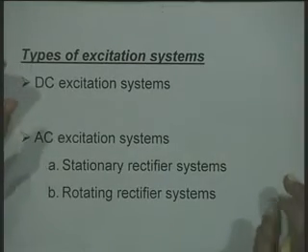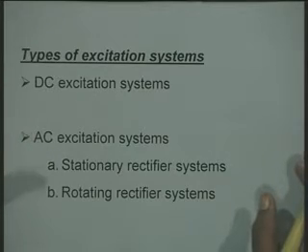The excitation power required for a synchronous generator is of the order of 2 to 3.5 kilowatt per megawatt rating of the machine, or per MVA rating of the machine. The DC excitation systems were the oldest of all the excitation systems, and the main limitation of the DC excitation system is the amount of power which can be delivered, and commutation is the main problem. The more the current to be delivered, the more is the commutation problem.